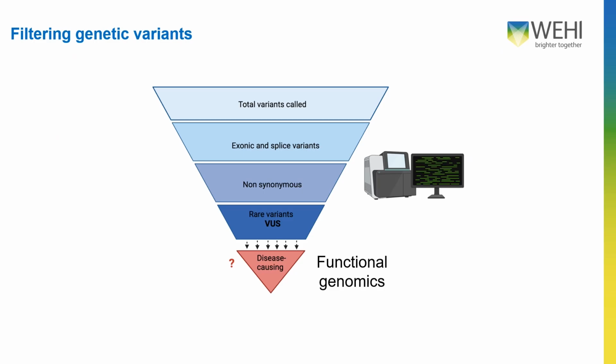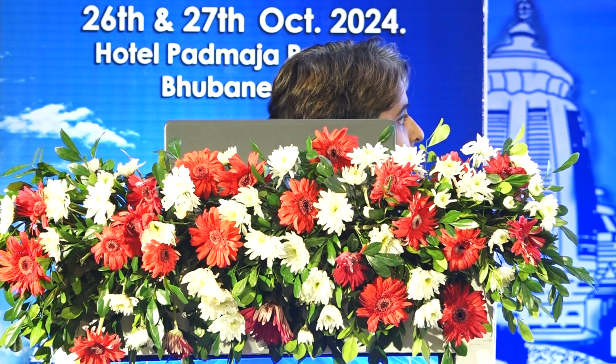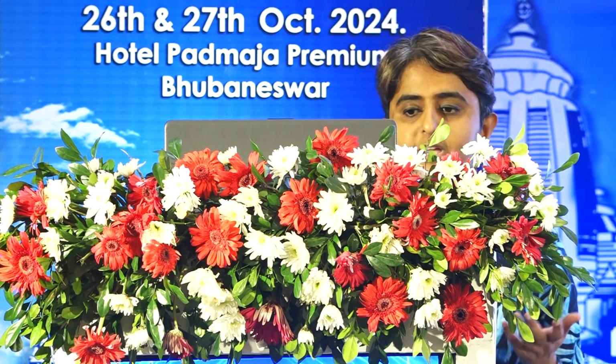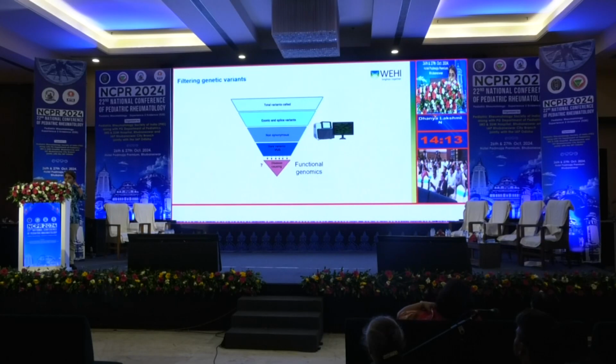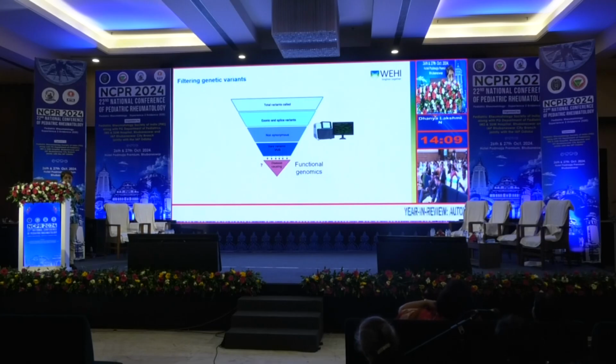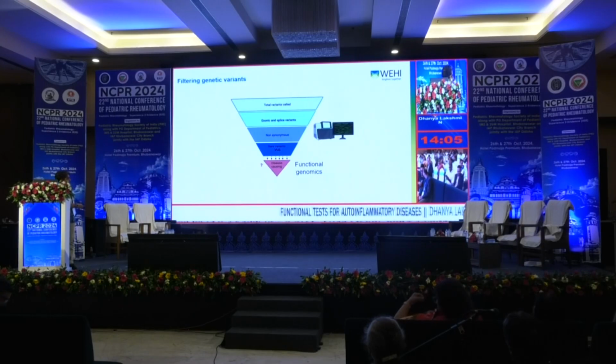So we all know when we do next generation sequencing, we get a lot of variants, and then we use computer tools to filter them out. And at the end, we end up having certain variants which would be classified as rare variants, and these variants are classified into pathogenic and likely pathogenic, VOUS, variants of uncertain significance, and benign and likely benign variants.